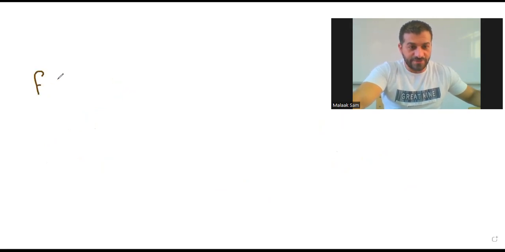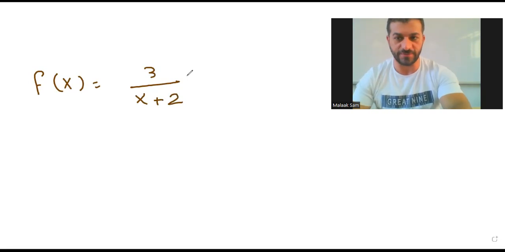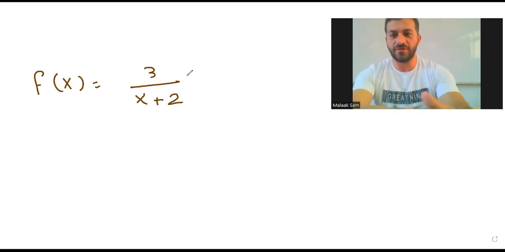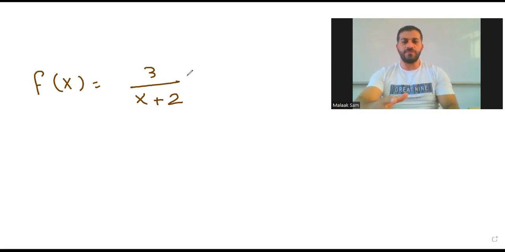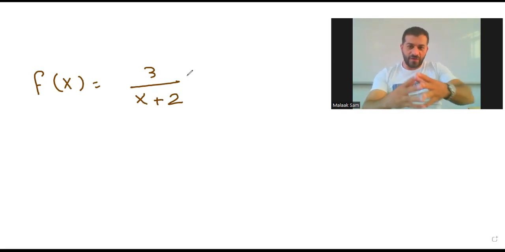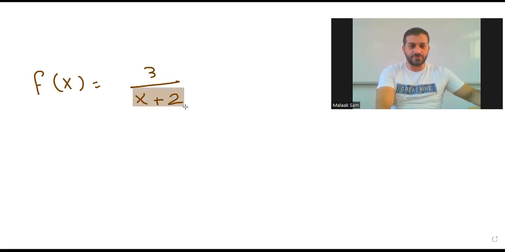If the function f of x equals 3 over x plus 2, what is the domain of the function? And simply, what is the meaning of the domain? The domain means all values of x we can get. If you look at this function, we can find any value for x except zeros of the denominator.